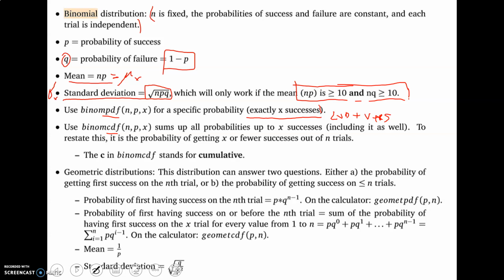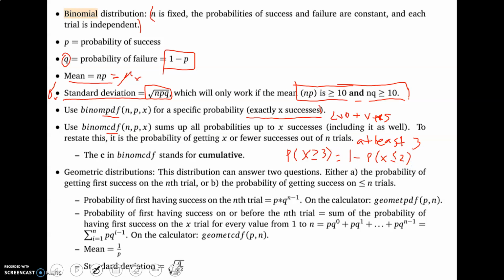So sometimes you are going to see a problem like at least 3. So then you can still use binomial CDF, but remember, at least 3 means that it's included 3, right? So another way to write it is 1 minus P(x smaller than 2).